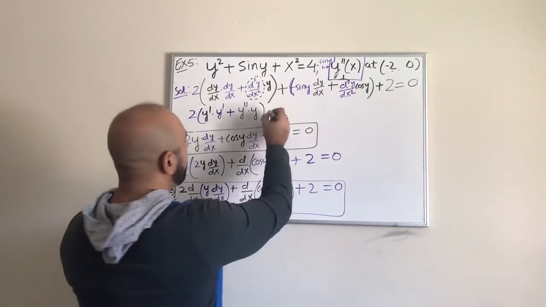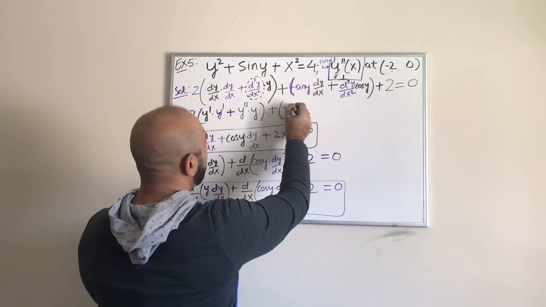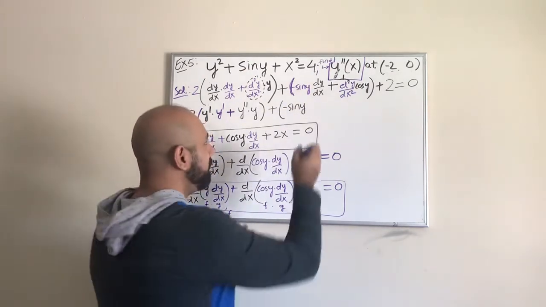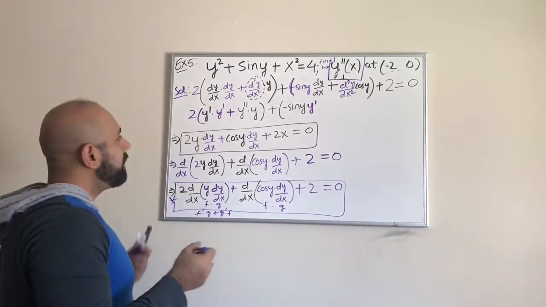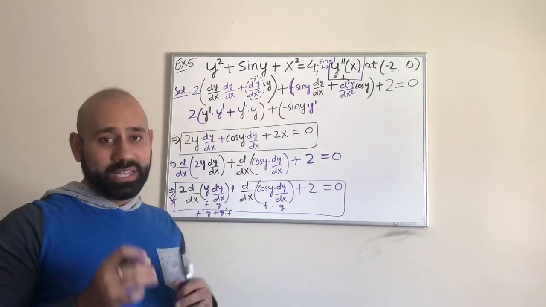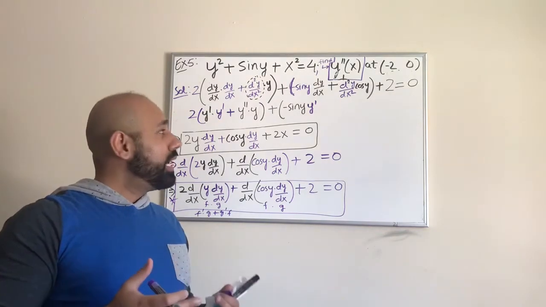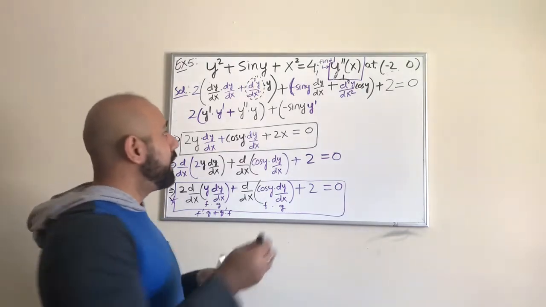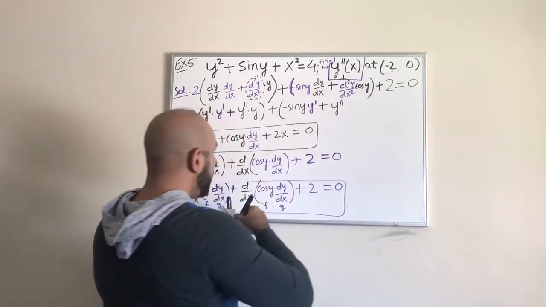Same thing I'm going to do here: plus there is a negative sine y, and then dy over dx, I'm going to replace with y prime. Just for convenience. If you don't want to replace it with y primes and want to leave it as dy over dx, that is fine, as long as you understand that dy over dx is y prime and d2y over dx2 is y double prime, and we are trying to evaluate y double prime. And this guy obviously is y double prime times the cosine of y.